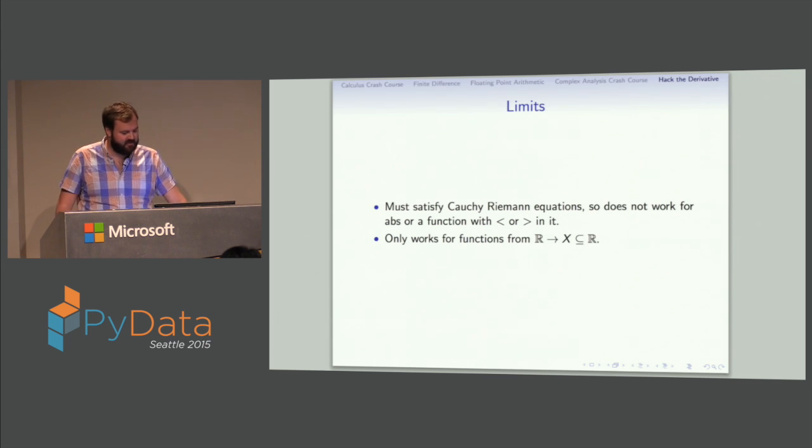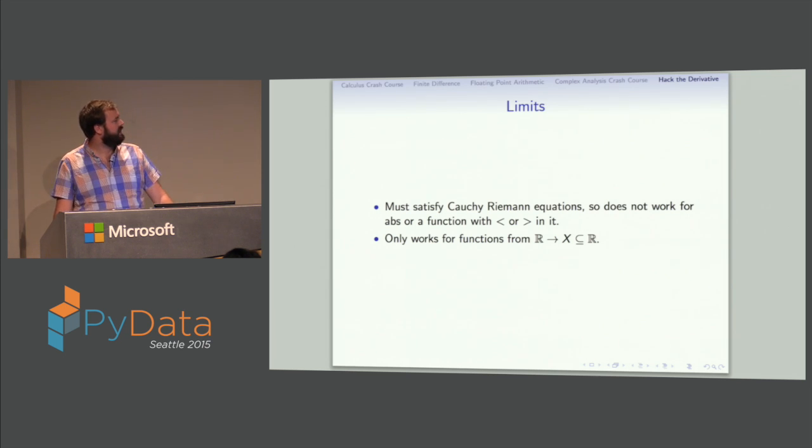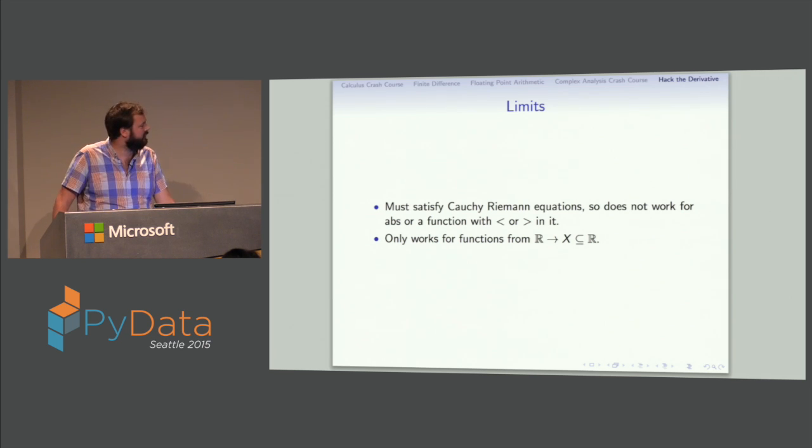This leads to some interesting questions, though. These are some fairly trivial examples: absolute value, less than, greater than. But for a great majority of functions, if you have an implementation of the complex numbers, it's actually pretty difficult, aside from building a function where you just throw abs in there, to find a function that this isn't going to work on.